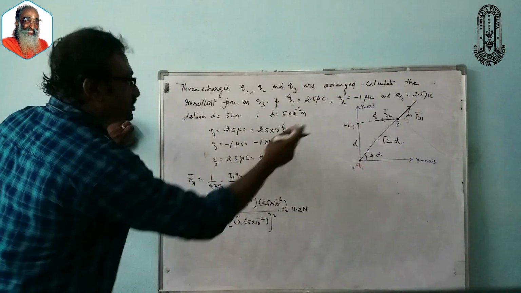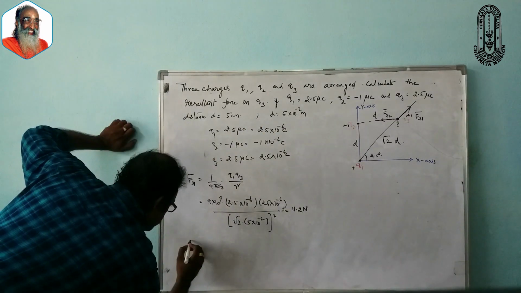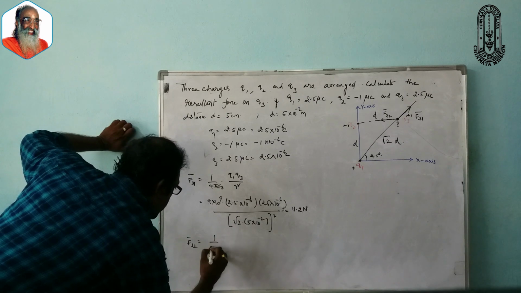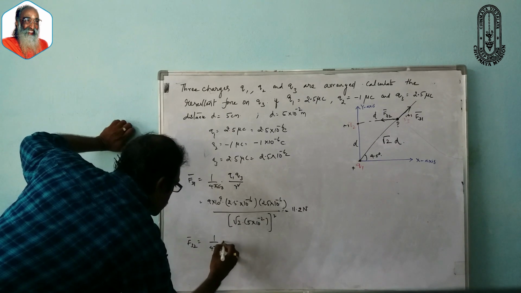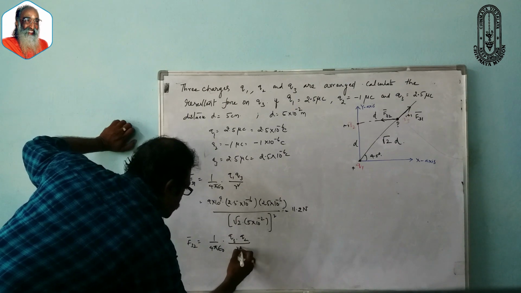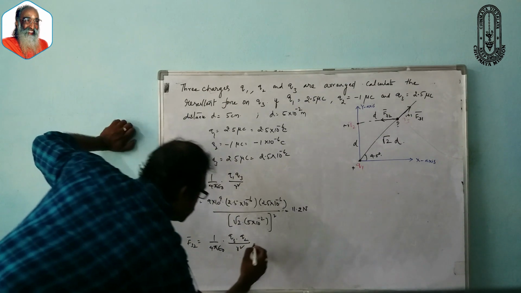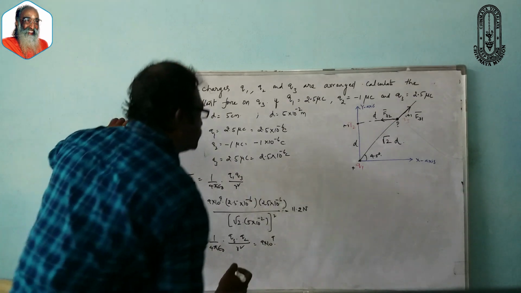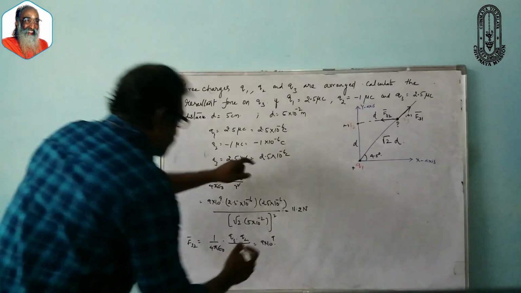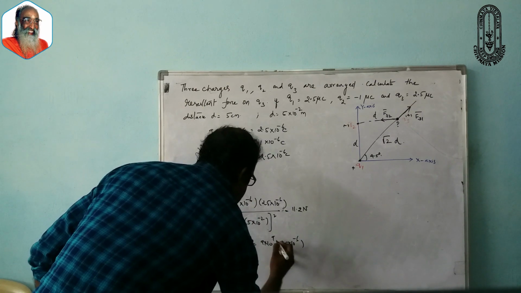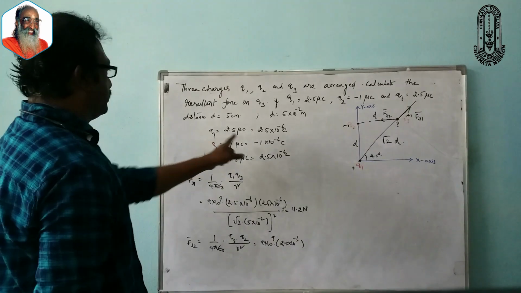Coming to F32, it is 1 by 4 pi epsilon naught Q3 Q2 by r square. So it is 9 into 10 to the power of 9, and Q3 is 2.5 into 10 to the power of minus 6, and Q2 is minus 1 into 10 to the power of minus 6.